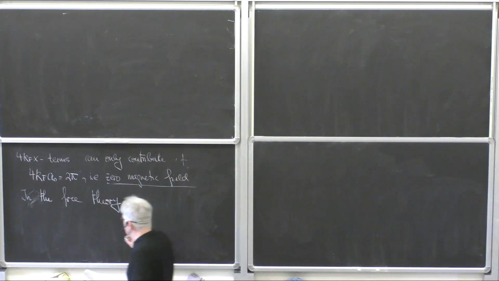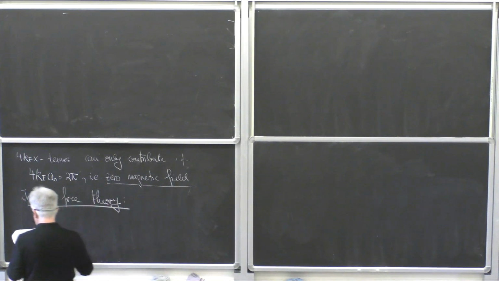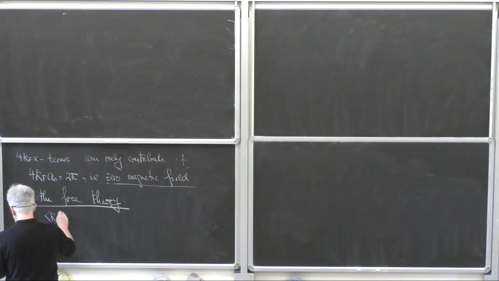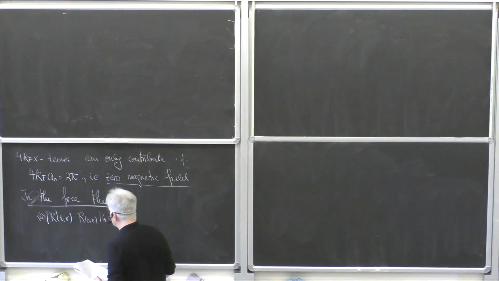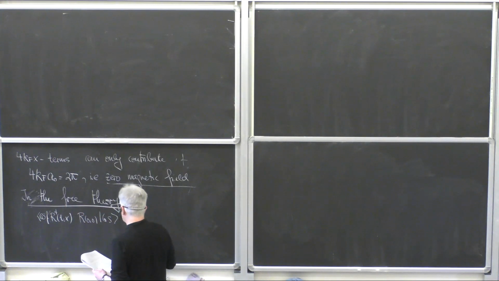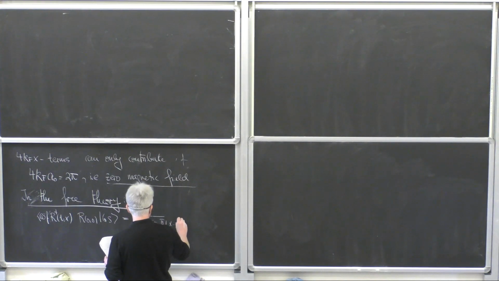But in order to go there, let's just remind ourselves, if I am interested, let's say, in the ground state correlation functions of the right moving field in the free theory, I can calculate this exactly: minus 2iL sine pi over L x minus Vt, so it's something like this.